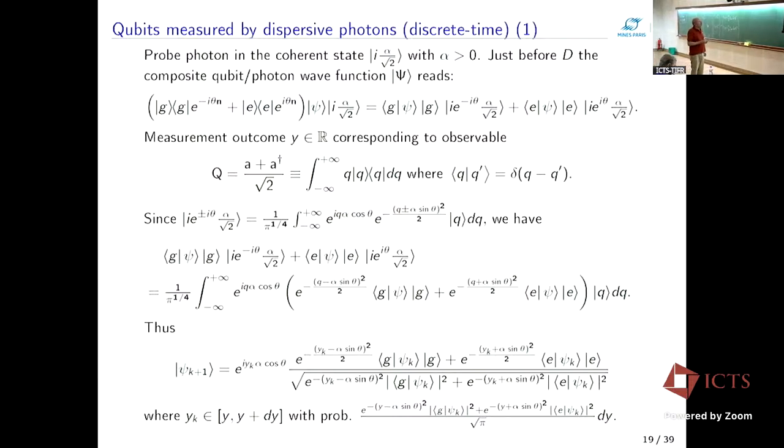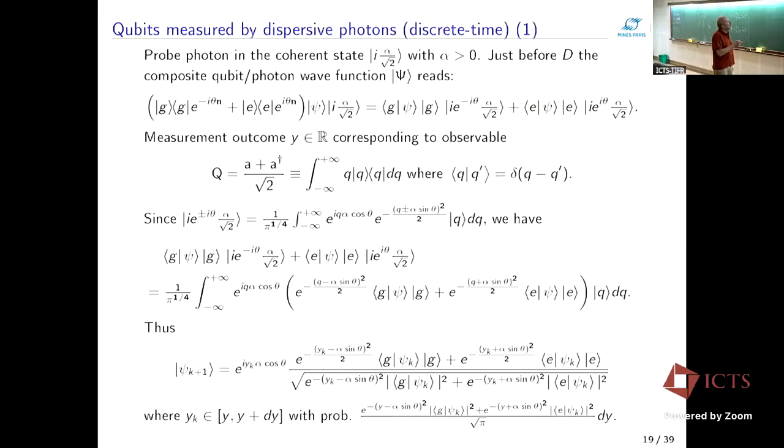So in this case, I assume psi is the initial state of the qubit. Here it's the probe photon, and here I assume just dephasing, depending on the state of the qubit and on the state here. So it is not very difficult to see that this is just this.